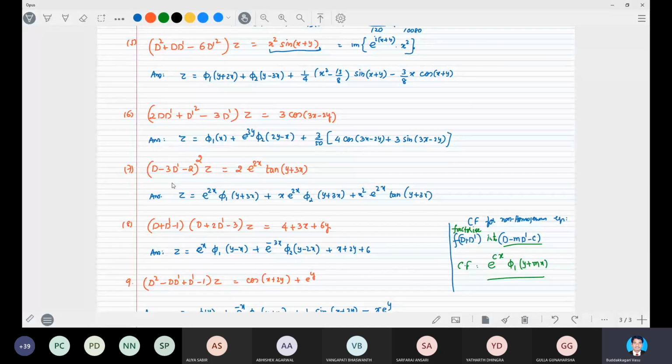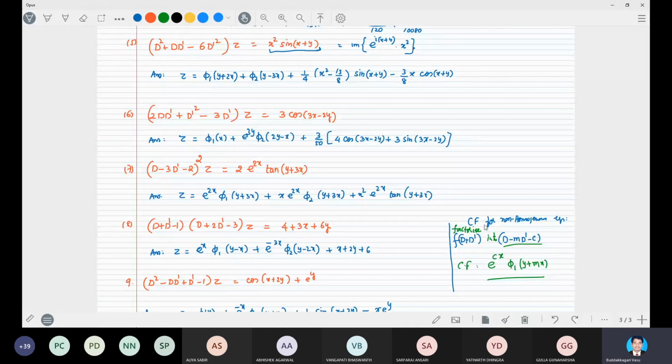Now here see, questions 6 to 9 are non-homogeneous, right? Yes, sir. For solving non-homogeneous equations, the same methodology is to be implemented for finding the particular integral.